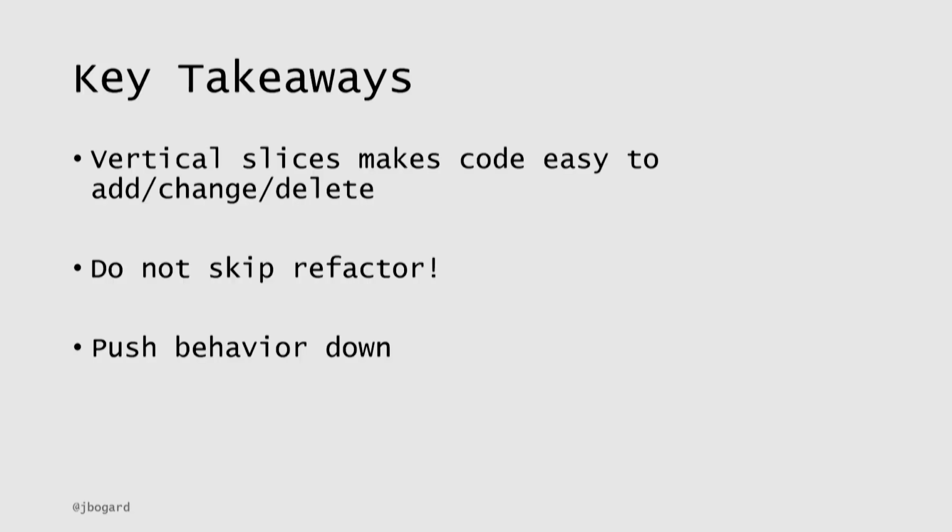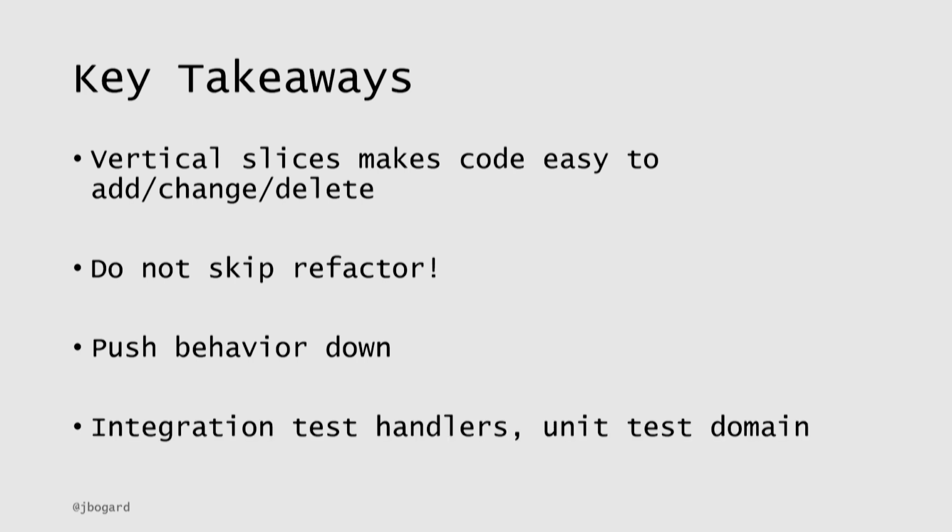Is this ugly? And then go ahead and refactor it. We want to push our behavior down as much as we can. So take that code that was inside our handler, and if it gets complex, push it down into whatever domain model you're using, when it gets complex, but not before. And the final thing is to make sure that we integration test our handlers and unit test the domain.